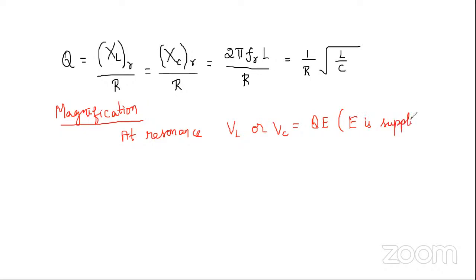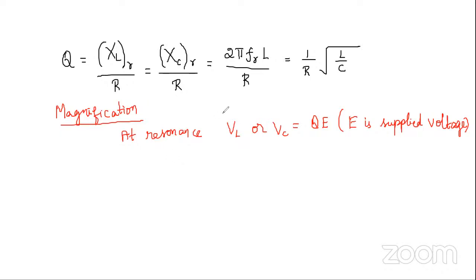That EMF, you know very well. So it is the supplied voltage. So this is called magnification. At resonance, magnification will be equal to Q factor.